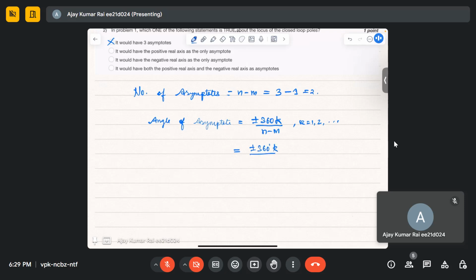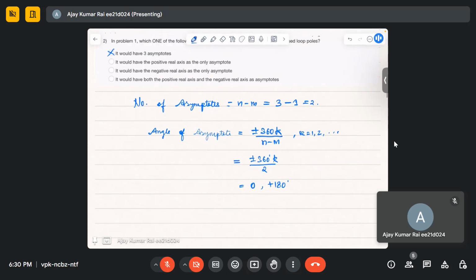So this is the formula now. We'll be having 2 asymptotes, right? Let's consider k to be 0, so we'll have 0, and if you consider k to be 1, you'll have plus minus 180. Let's consider plus 180. So these are the 2 asymptotes we are having.